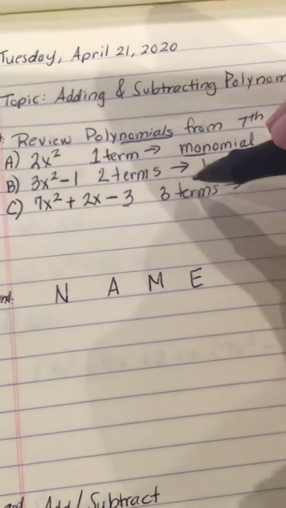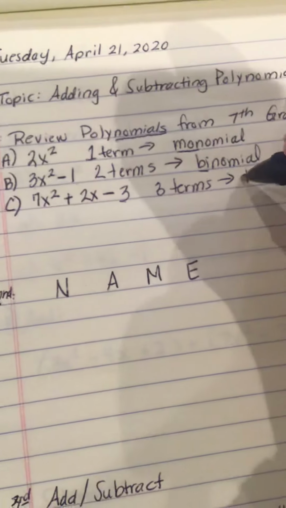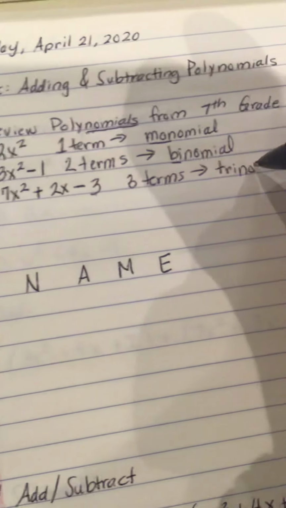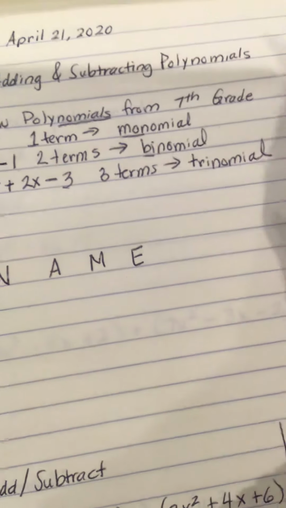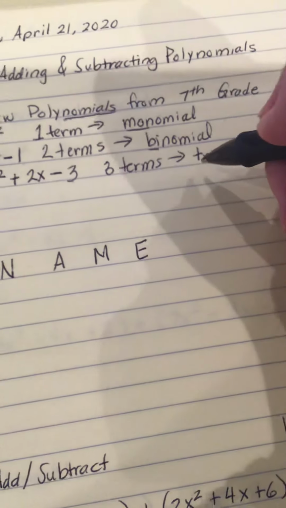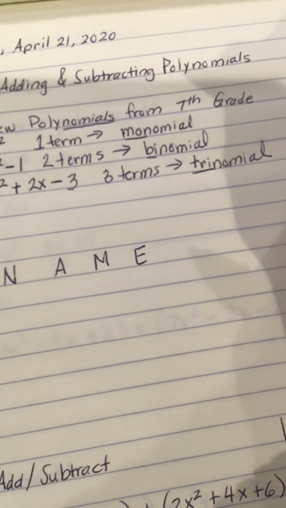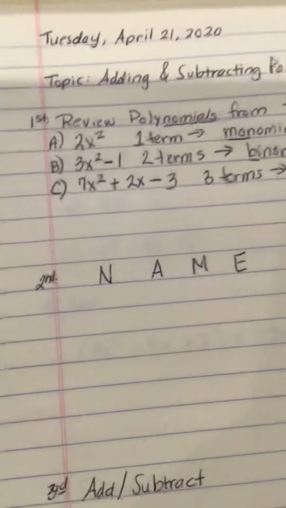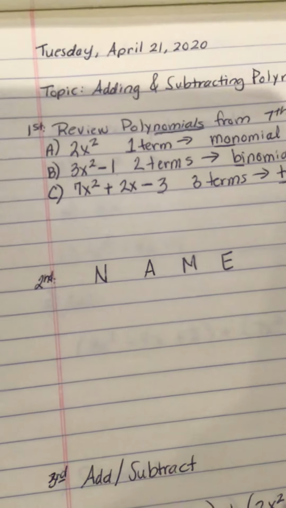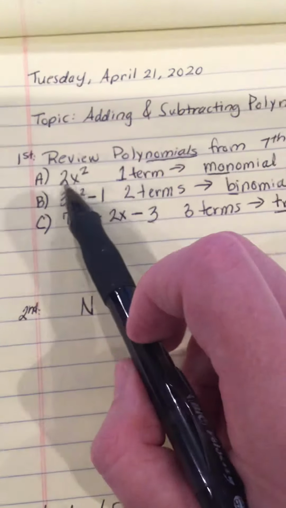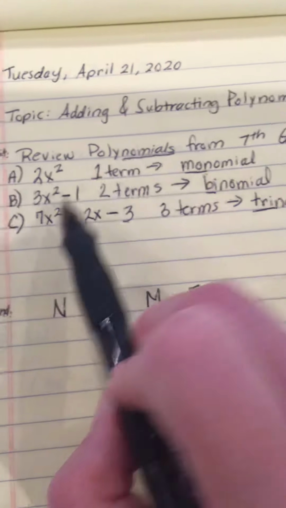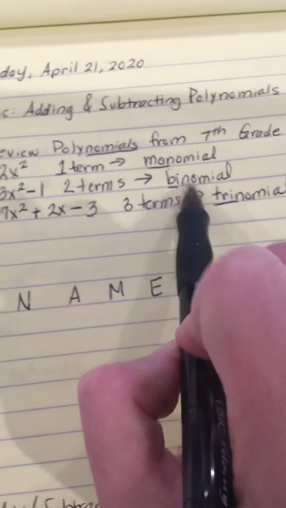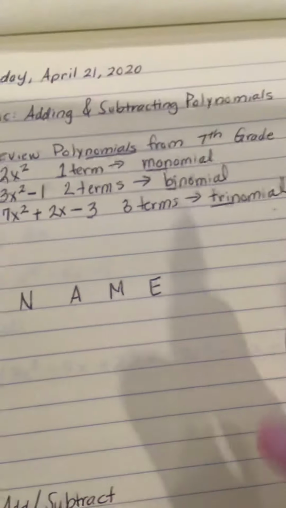All right, so this one has three terms. Tri, like a triangle, right? Trinomial. Triangle, like three sides. So anytime you see those prefixes, you would know that it means three terms. So if it's just one, you call it a monomial. If it's 1, 2, you call it a binomial. If it's 1, 2, 3, you call it a trinomial.